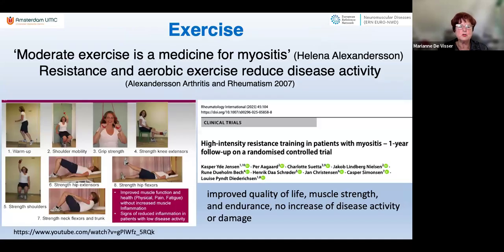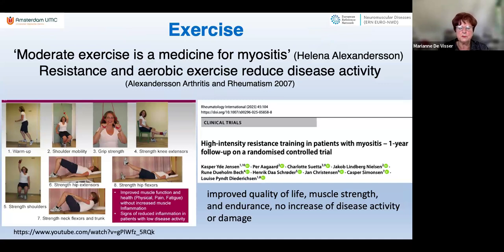I would like to spend a few words on exercise, which is considered a medicine for myositis, according to Eliane Alexanderson. She is an expert on exercise and physio based in Sweden, in Stockholm. She did quite some research on this.